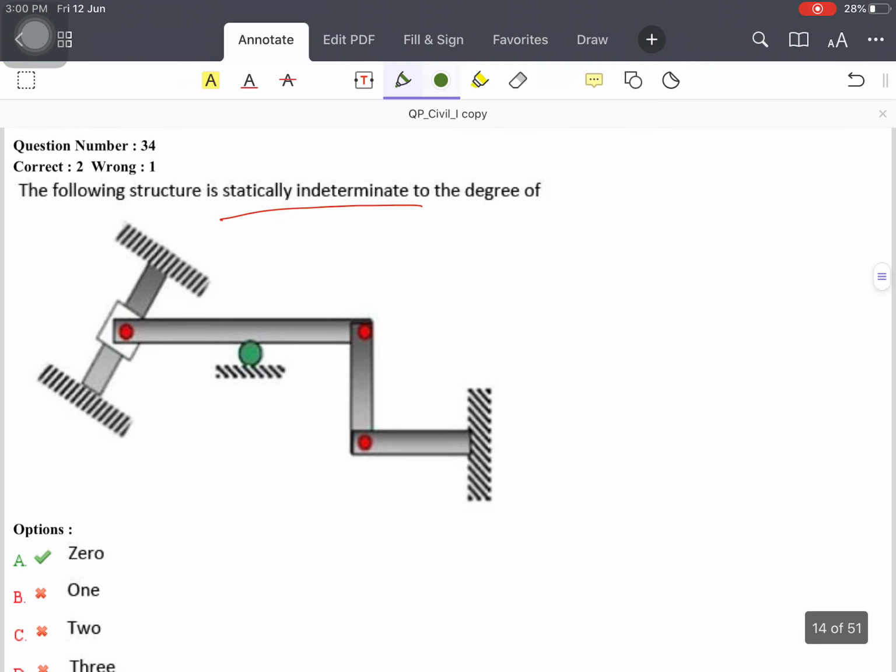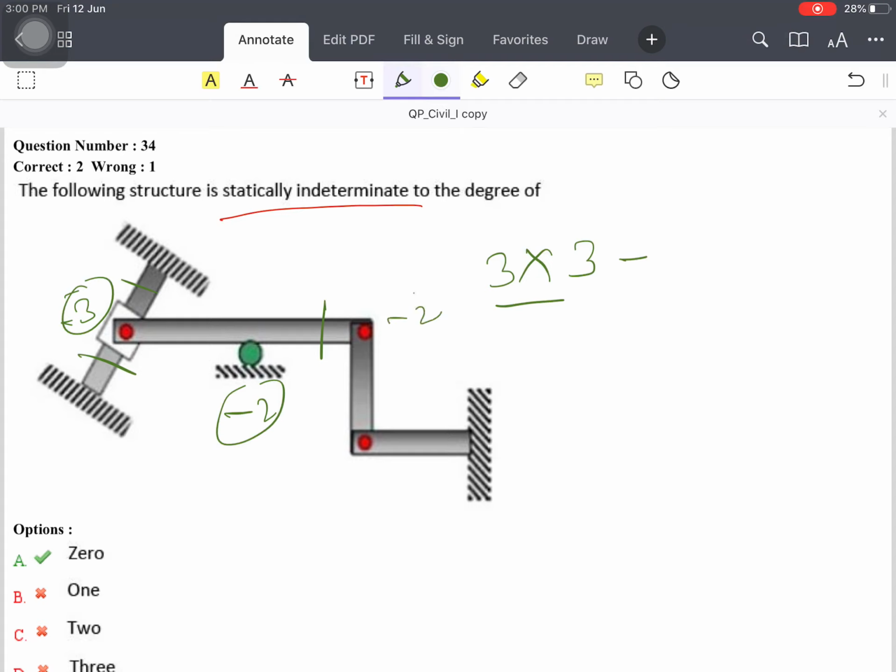Question number 34. The following structure is statically indeterminate to the degree of... So the number of chords will be 1, 2, 3. Number of chords 3 into 3 is minus... In this case 3, minus 2, minus 2, minus 2, minus 9 equals 0.